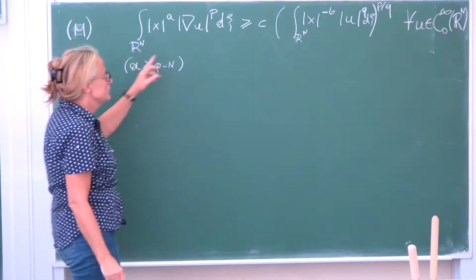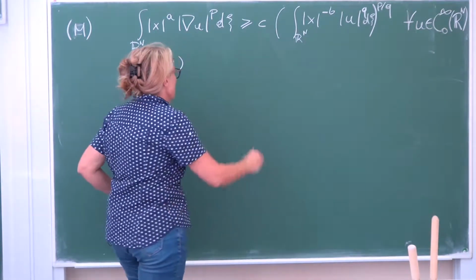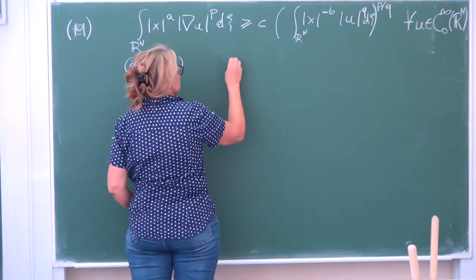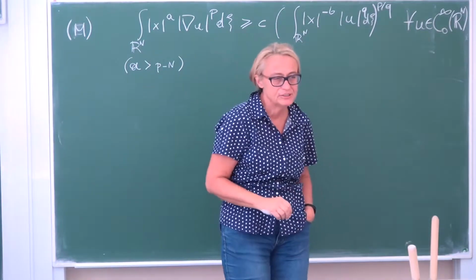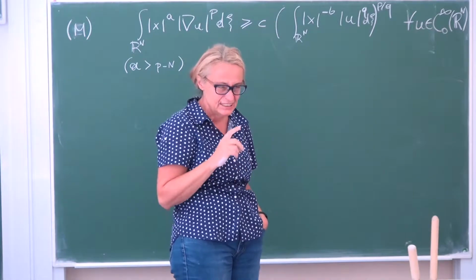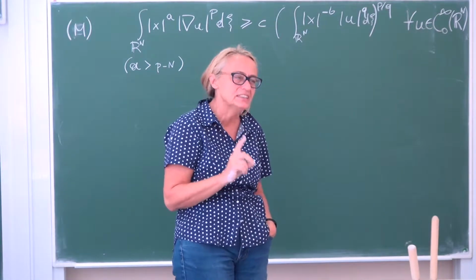So I will look for inequalities of this form. P minus n or p minus k? Exactly, that's the core. This is the reason why I decided to talk about cylindrical weights.